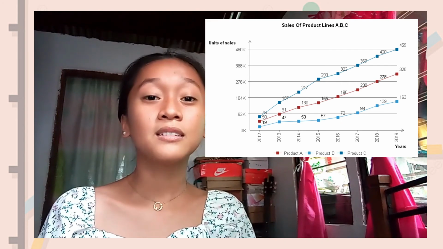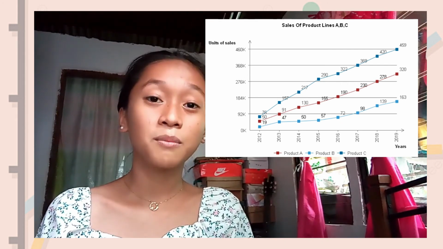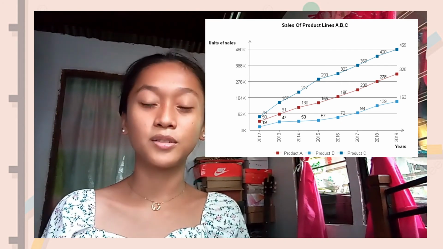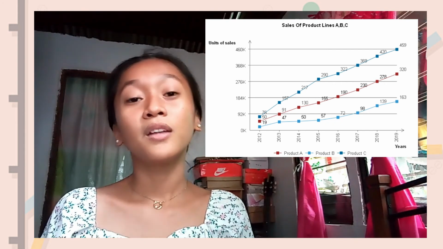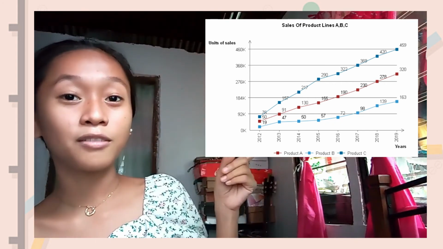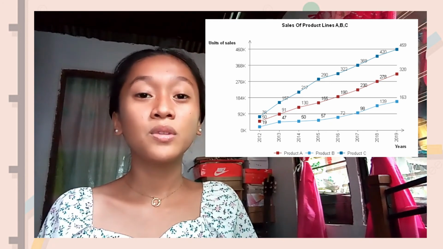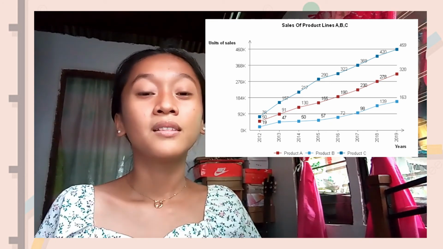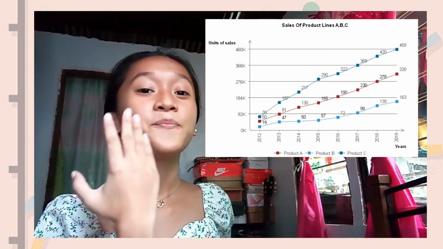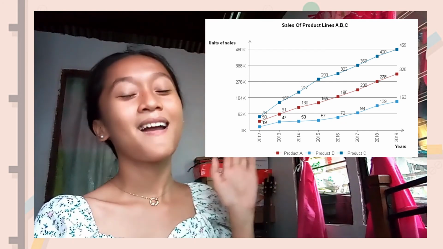Meanwhile, the unit sales are dependent because they depend on the year. You can also see in the graph that there is a data point which represents the unit, the quantity or the number that matches what's in the x-axis and the y-axis.